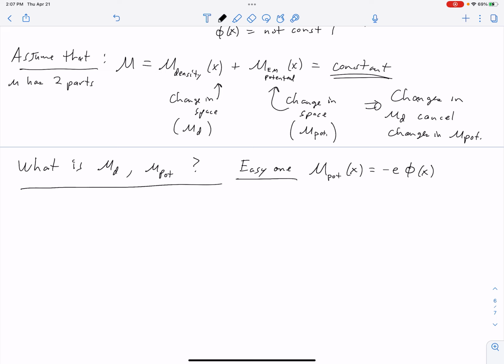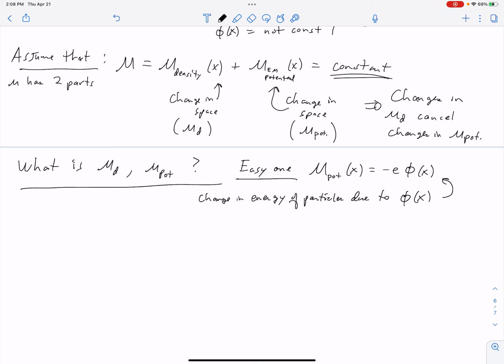So it's just the change in energy of particles due to the electromagnetic potential.